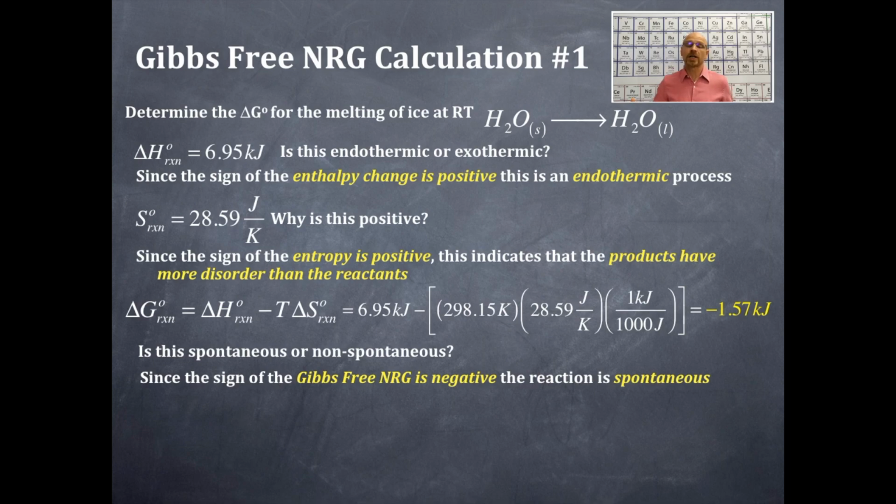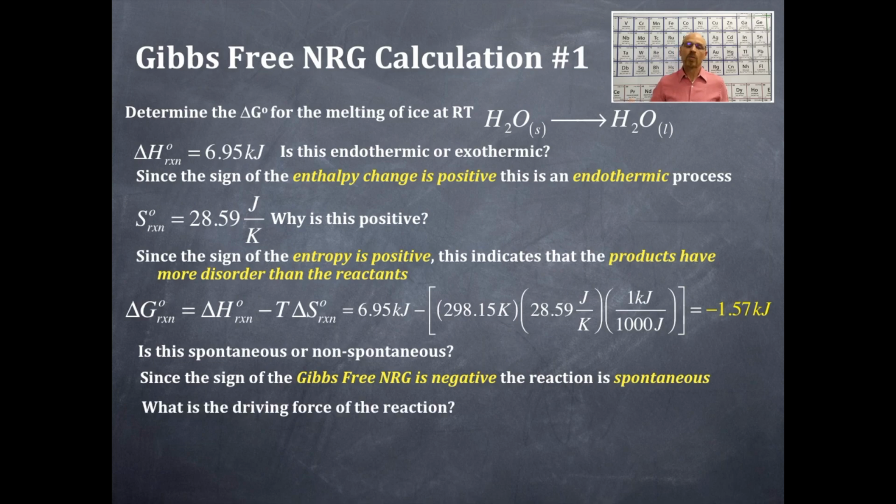If you had ice on the counter at room temperature, it will spontaneously melt from the solid state to the liquid state. That should make sense because of that negative sign for the Gibbs free energy.